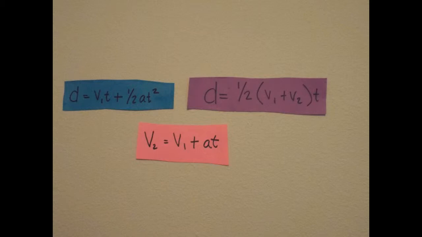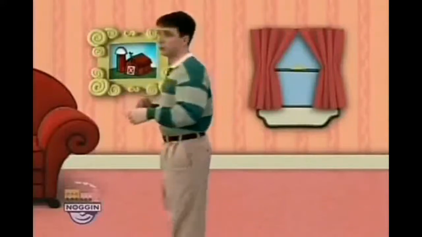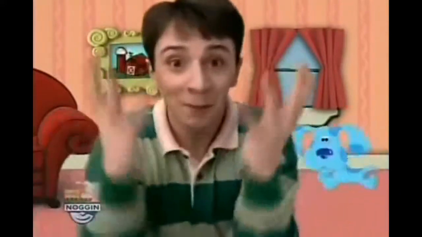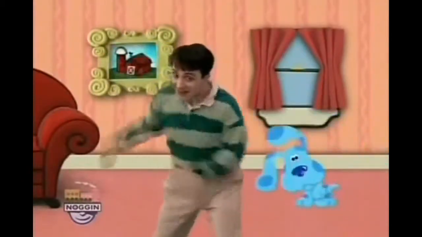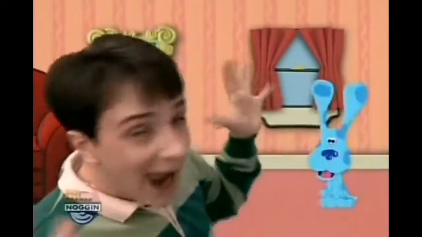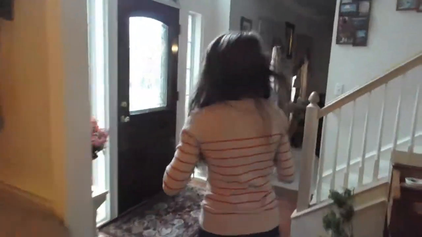Well, what do we have so far? D equals 1/2 parenthesis V1 plus V2 in parenthesis T. We found 3 clues, but I don't know where to look anymore. It's Mail time. Here's the mail, it never fails. It makes me want to wag my tail. Let's go!